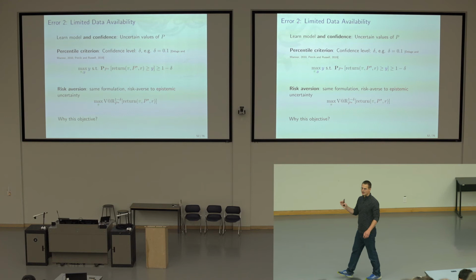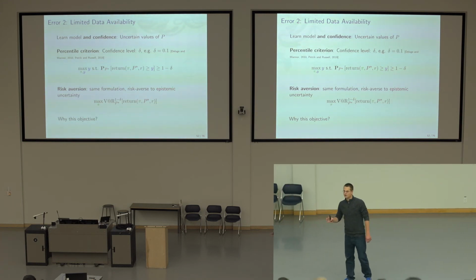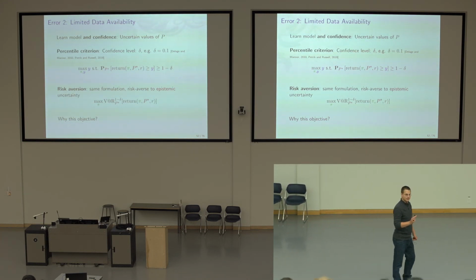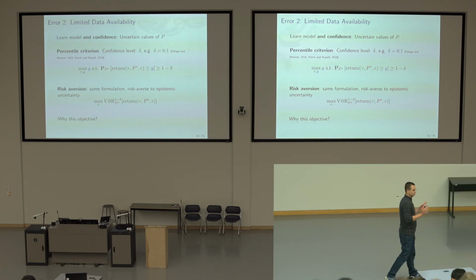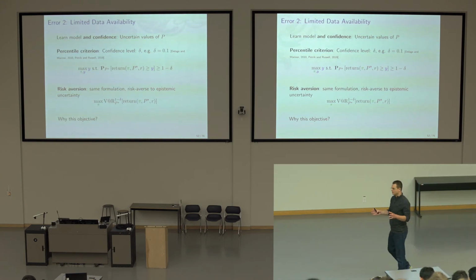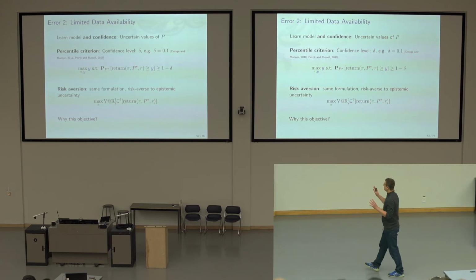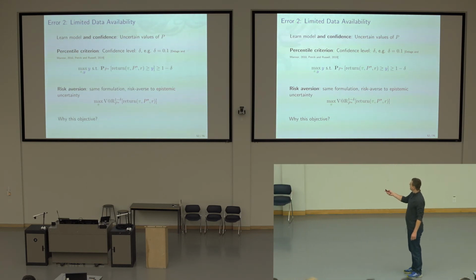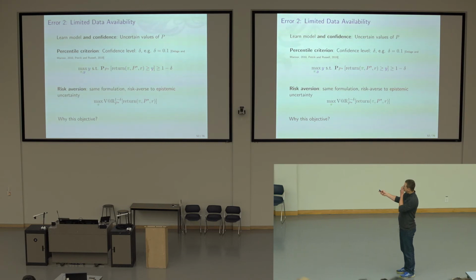So this is like a 90% confidence interval. You're not trying to get 100%, because 100% is never going to be possible. You're going to allow for some probability of failure, but you want to do well.